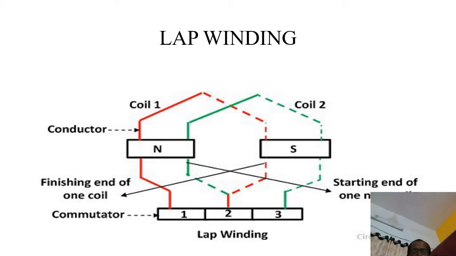So this conductor finishes at 2, and starts from 2 and ends at 3 of the commutator. In this type of lap winding, the major point is that the number of poles is equal to the number of parallel paths.